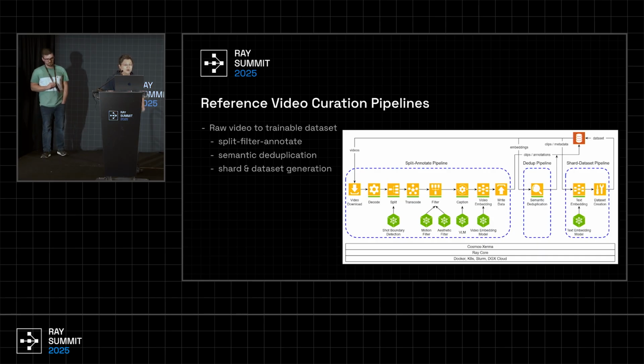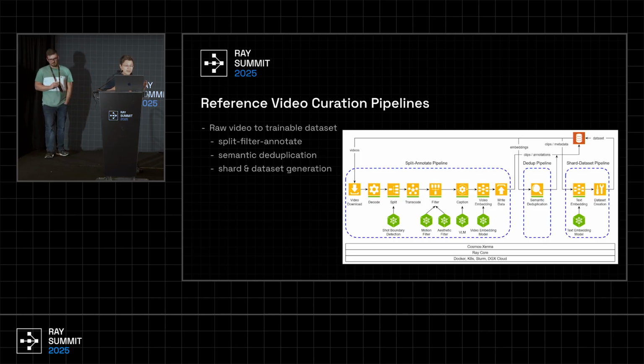The first one is called split, filter, annotate. It will split these long videos semantically into short clips, based on the shot change. And then you can filter some of the videos out based on, for example, motion and aesthetic score.